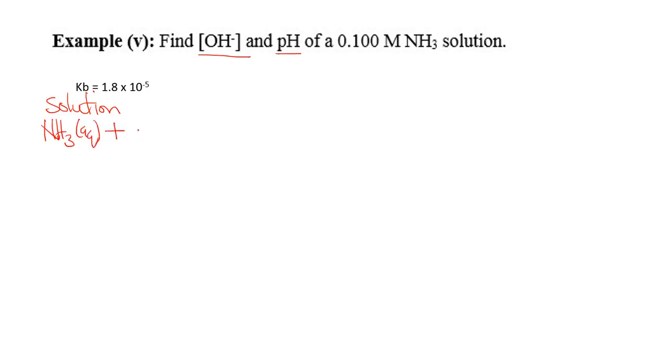The base will be added to liquid water, and then ammonia will grab a proton from water to make NH4 plus aqueous, because we know a base is a proton acceptor.